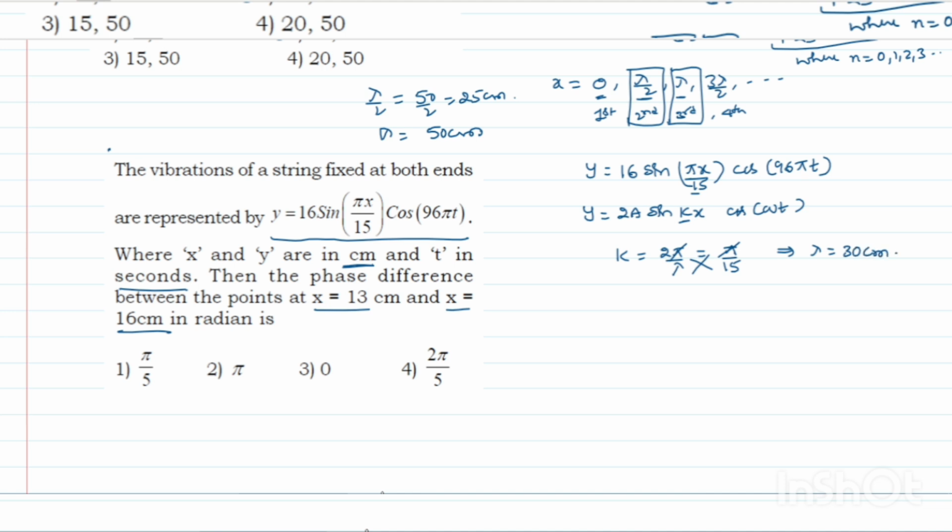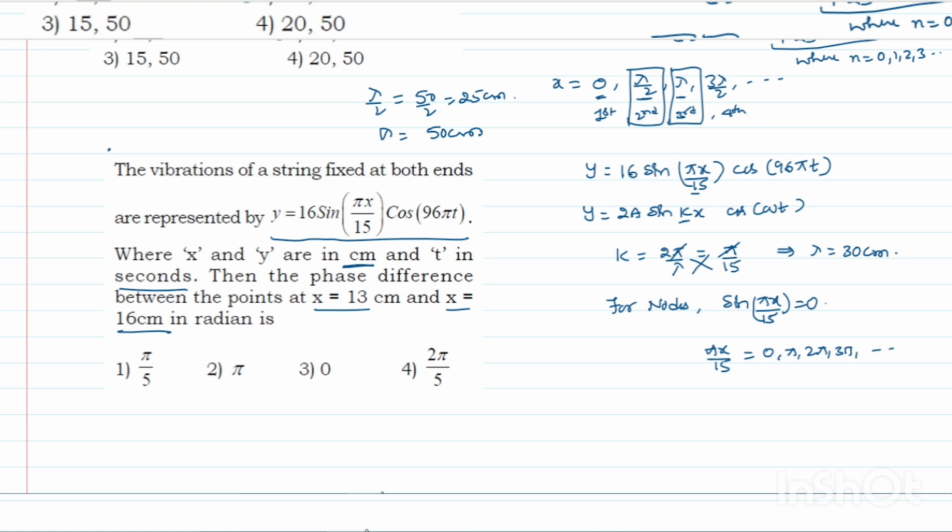For nodes, we write sine of pi x by 15 equal to 0. The sine function is 0 at 0, pi, 2 pi, 3 pi and so on.